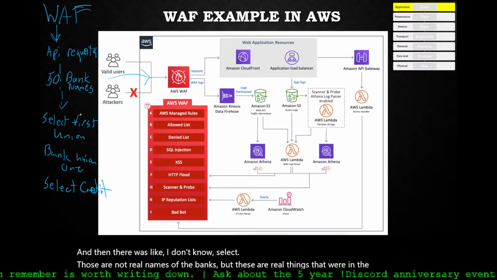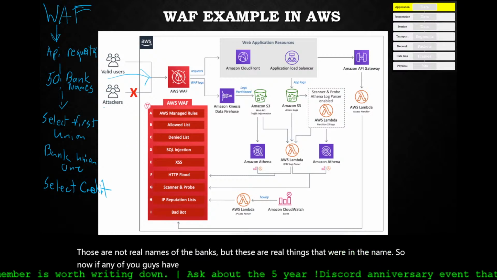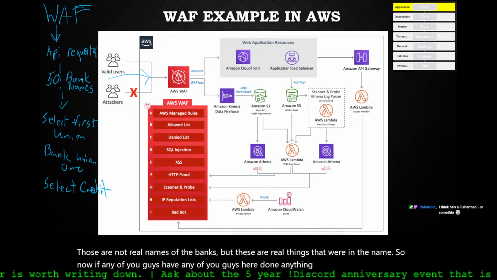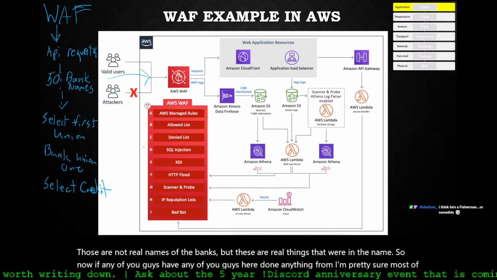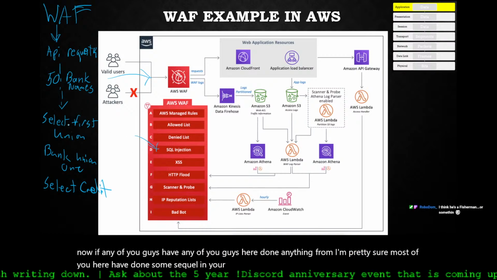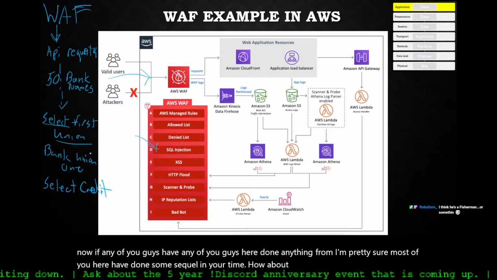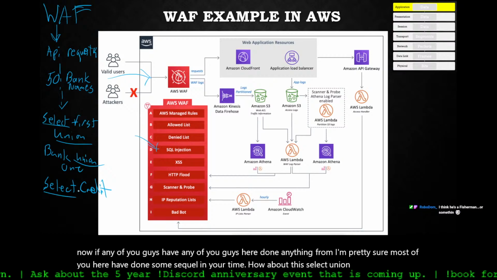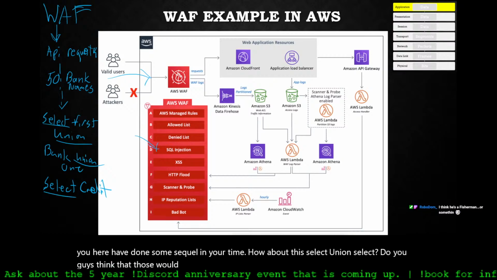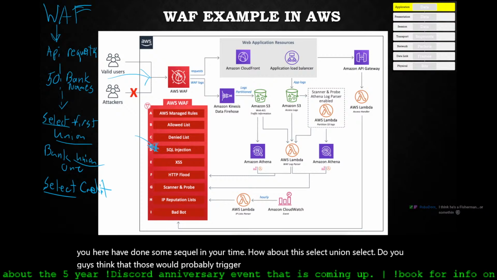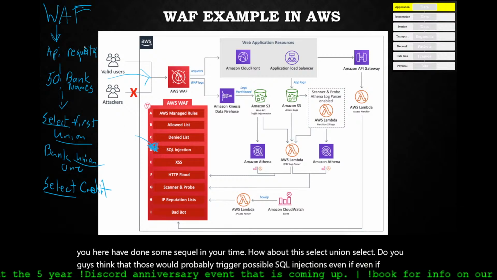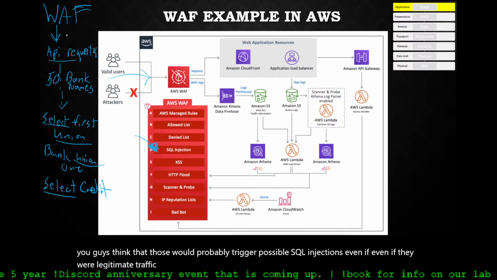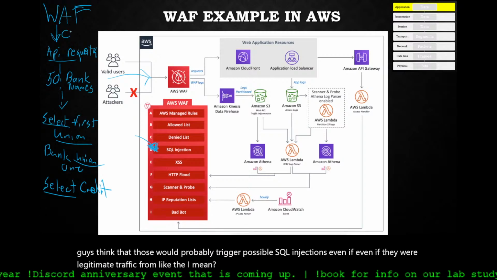So now, have any of you done anything from, I'm pretty sure most of you here have done some SQL in your time. How about this? Select, union, select. Do you guys think that those would probably trigger possible SQL injections, even if they were legitimate traffic from, like, this was a client, a customer of ours.